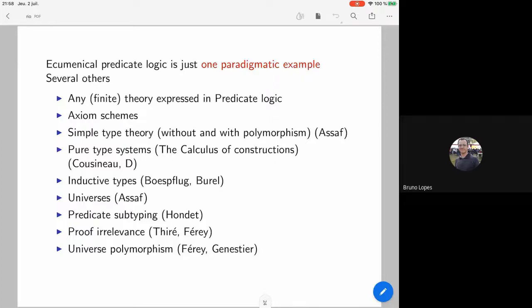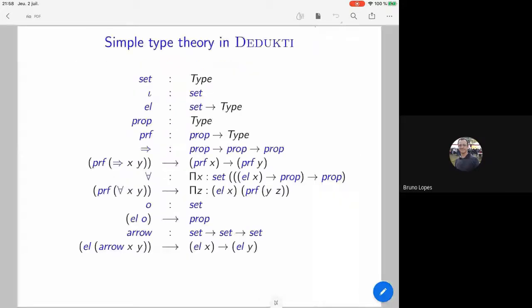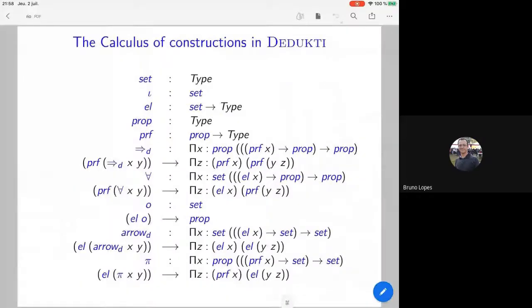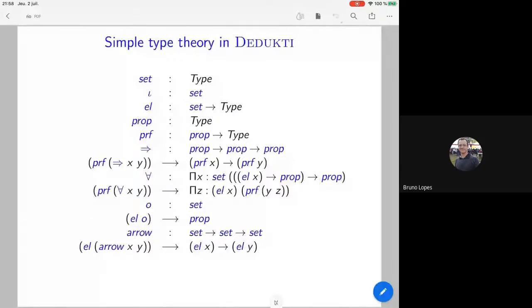Let me show you how you define simple type theory in deductive and how we define the calculus of constructions. You're not supposed to read everything, but you are supposed to notice that it is almost the same thing, and it is also almost the same thing as predicate logic. You recognize the old friends here: the symbol proof, the symbol prop, the implication, the for all quantifier. But in a simple type theory, you have more things.